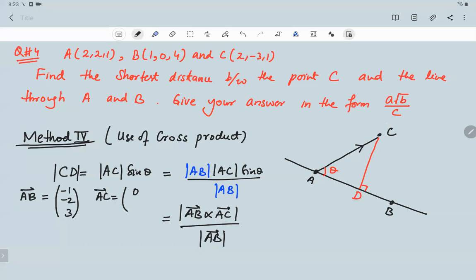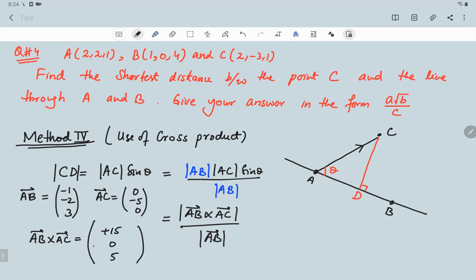AC is 0, -5, and 0. And AB cross AC is equal to plus 15, and 5. I will not explain how I obtained these values.